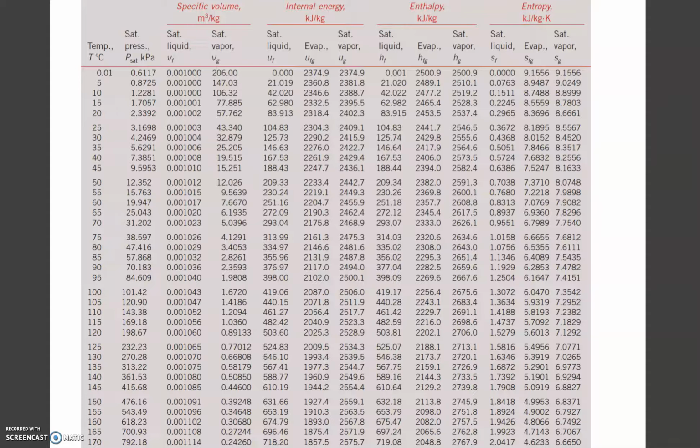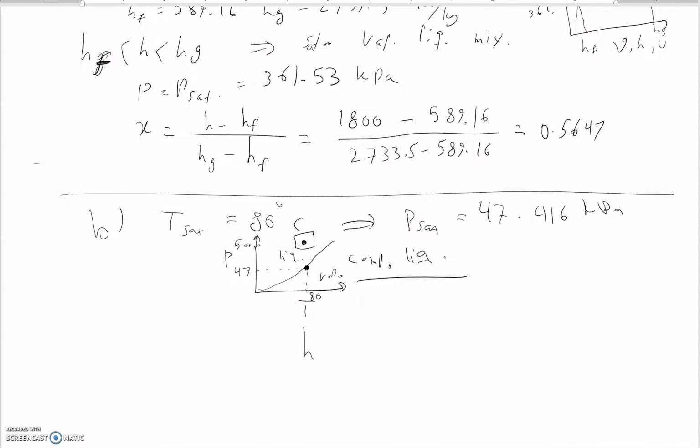We're just going to use the HF instead, 335.02. So our H is almost equal to HF, and that is 335.02 kilojoule per kilogram.